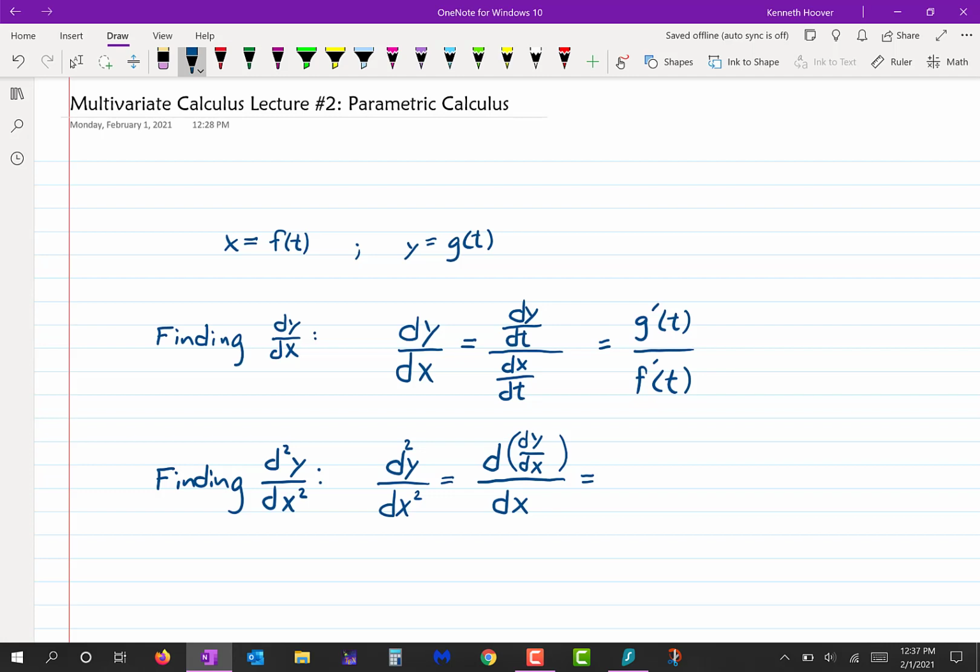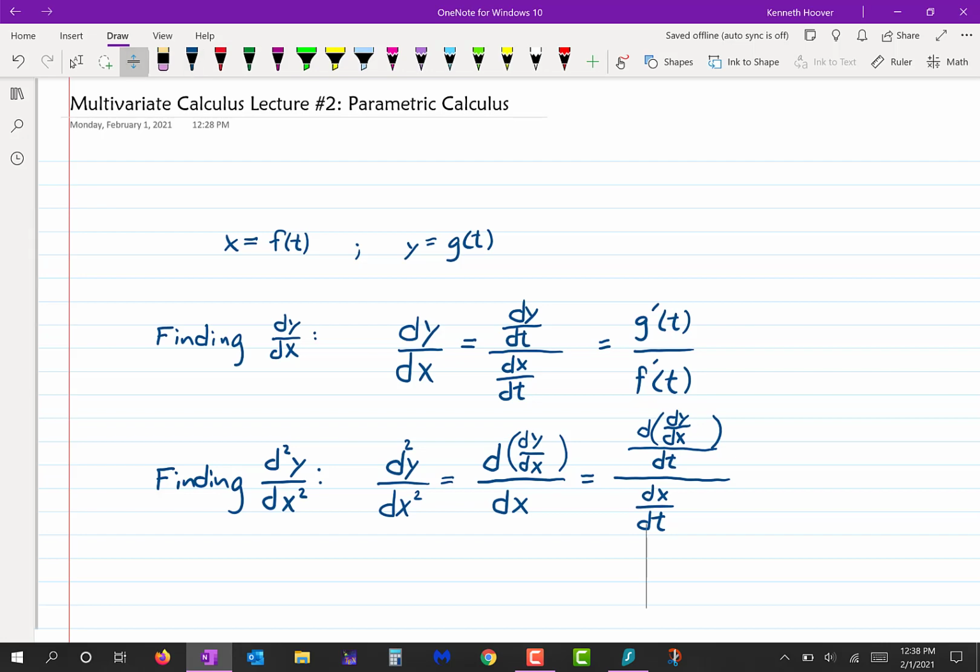We put each of those over dt, and we get the derivative of dy/dx, which we calculated up above, with respect to t, divided by the derivative of x with respect to t. That's how you find the second derivative. Let's put a little bit of space in there so things aren't so jumbled.